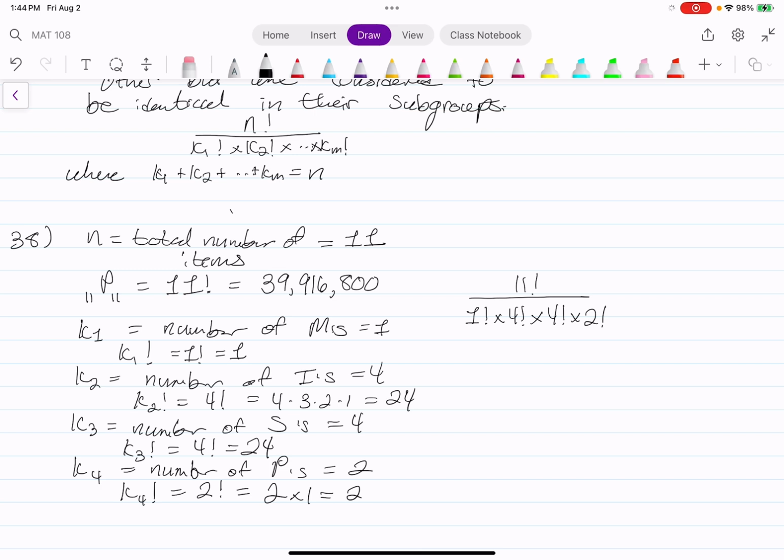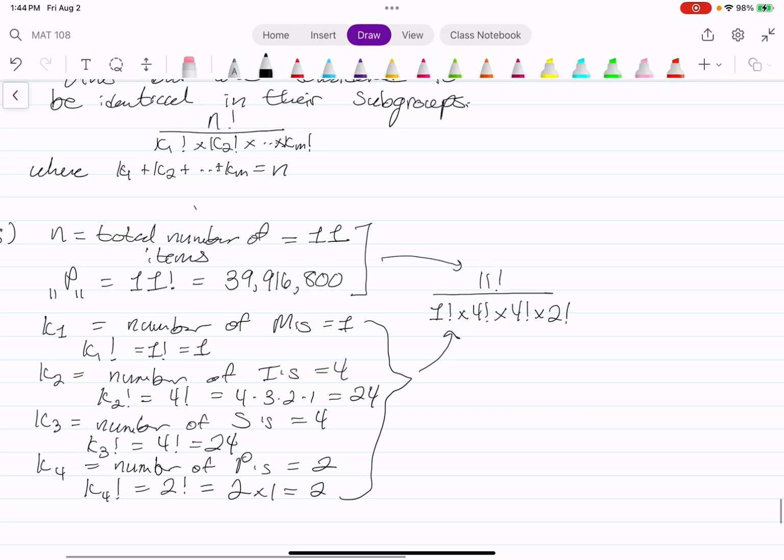Hopefully you can see that my 11 factorial is for n. And then these k sub 1 through k sub 4 factorials come from the different letters in the word Mississippi. So 39,916,800. That's going to be divided by 1 times 24 times 24 times 2.